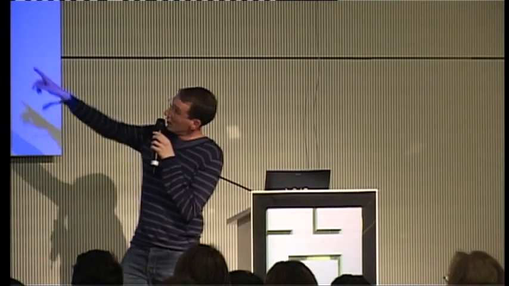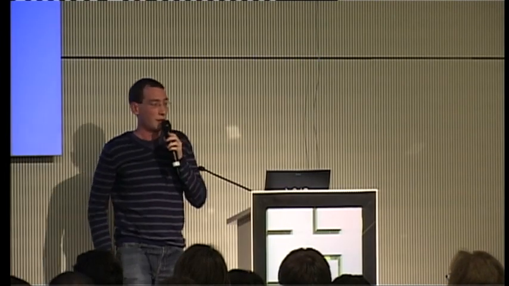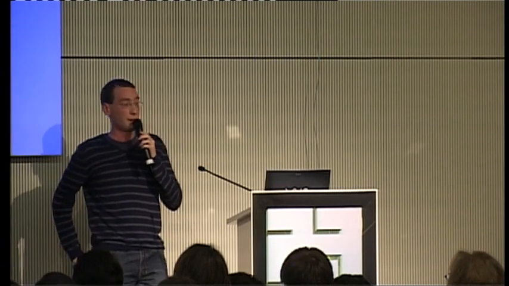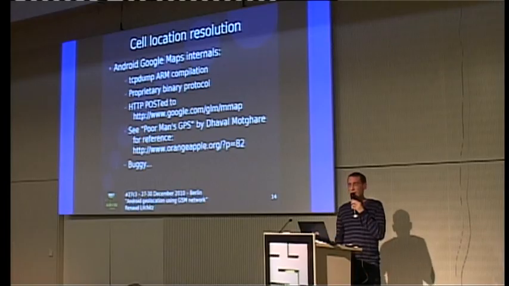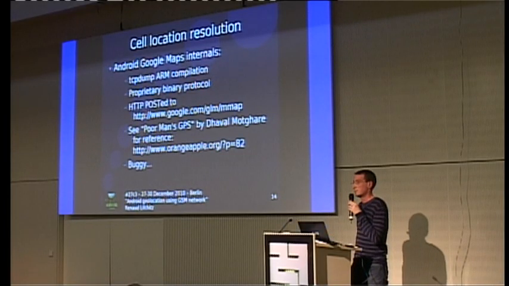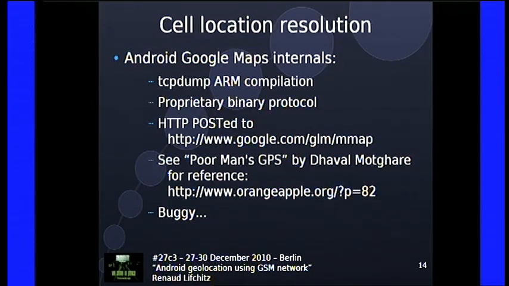You just have to pack them in the proper format and send them in binary to the google.com server, right? And you get an answer also in binary. But it's quite buggy. When you basically do the query twice, you sometimes don't get the same answer. So it's quite bizarre.